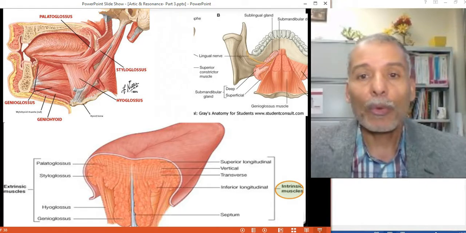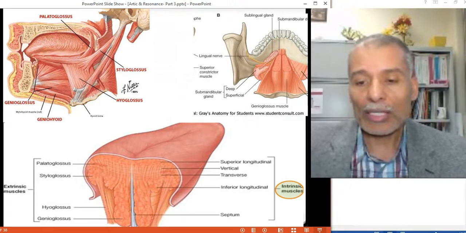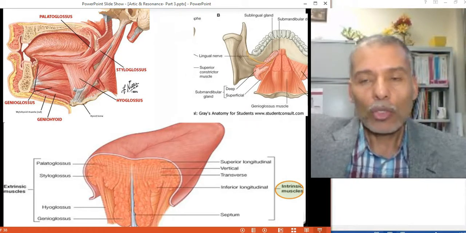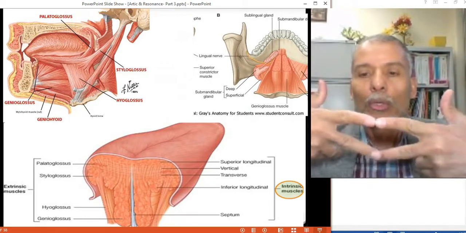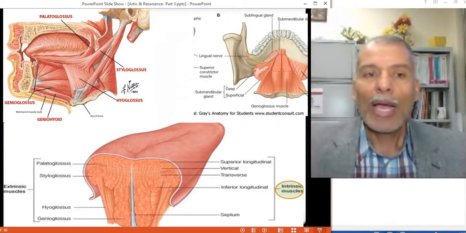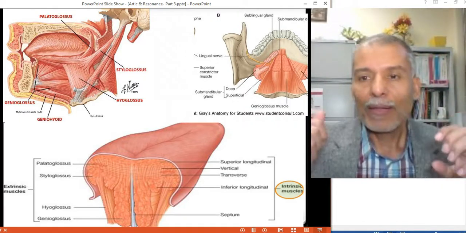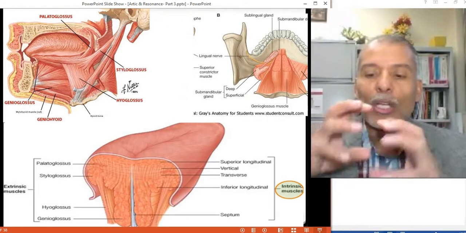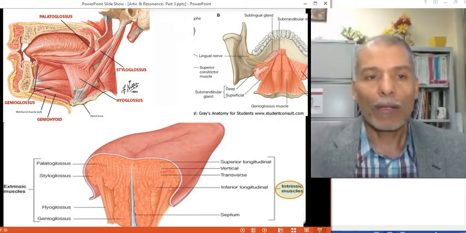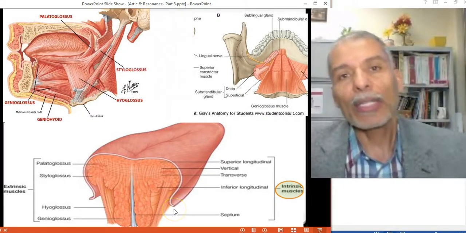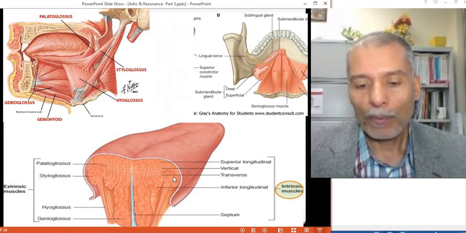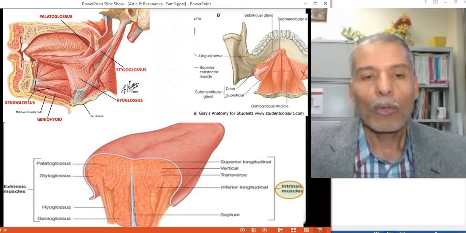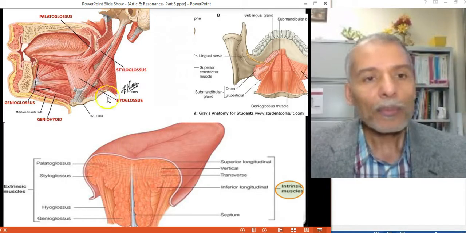And the same principle: extrinsics usually have an origin somewhere else, and they insert onto the organ itself. And the intrinsic, both the origin and attachment are on the organ itself. So the same thing that we spoke about when we talked about muscles, for example, of the larynx.